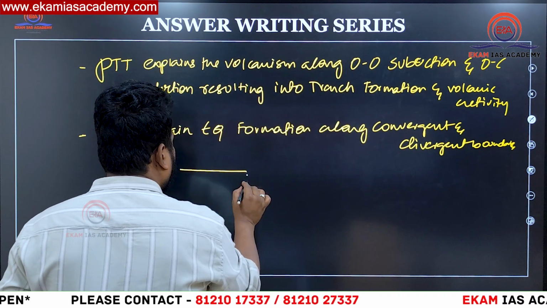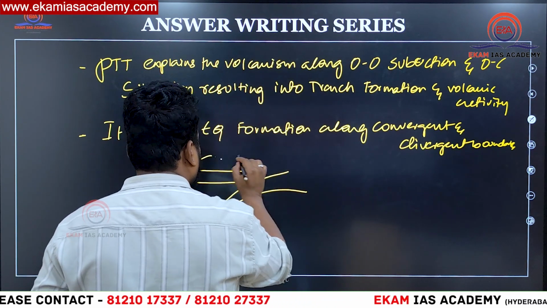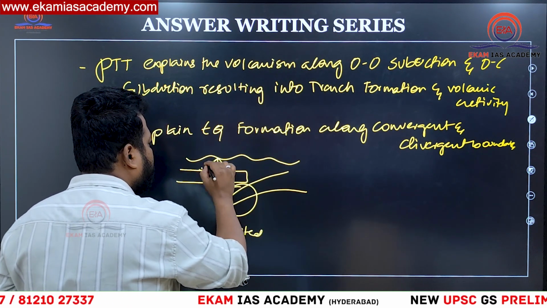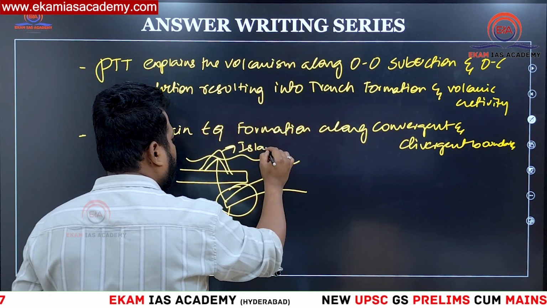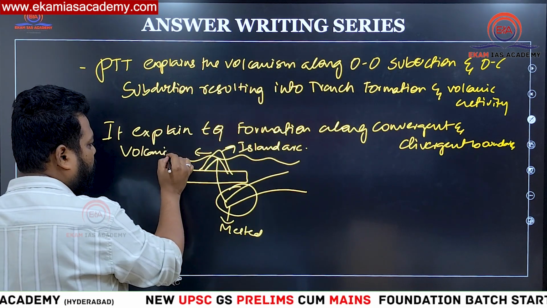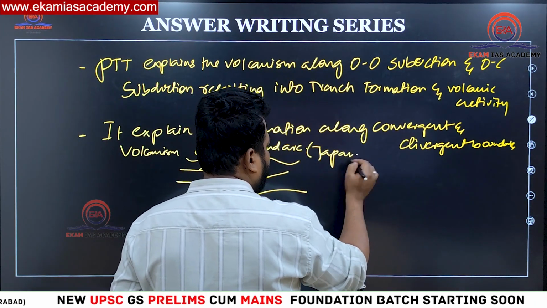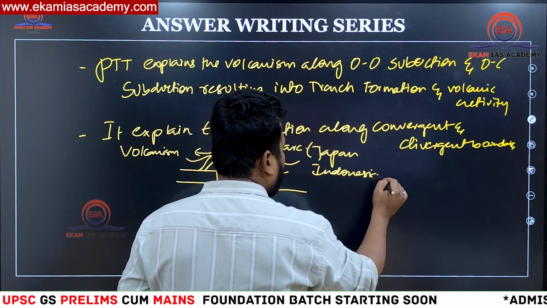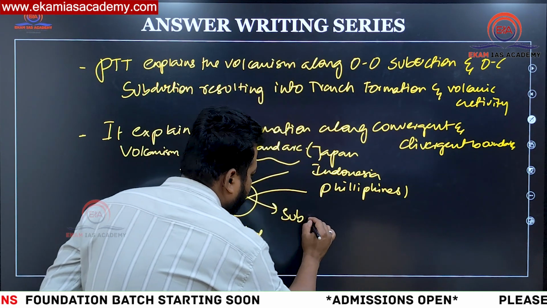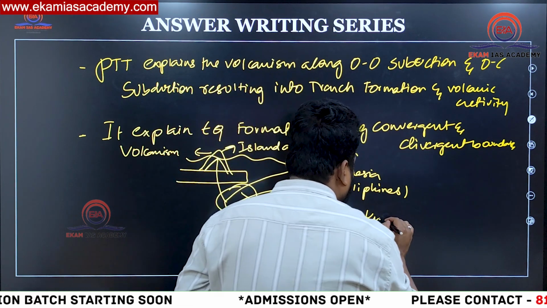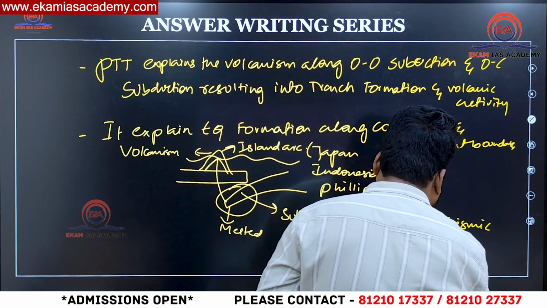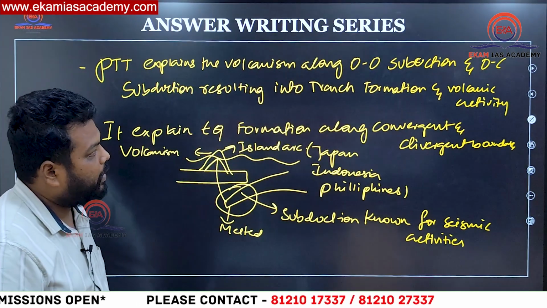If you want, you can also explain with a diagrammatical representation. So this portion is melted, and the melted portion comes from the opposite slab, and this shall also create island arc formations. So volcanism, island arc formation; in this you can write the examples of Japan, Indonesia, Philippines. And this is a subduction zone known for seismic activities, known for seismic activities as such.